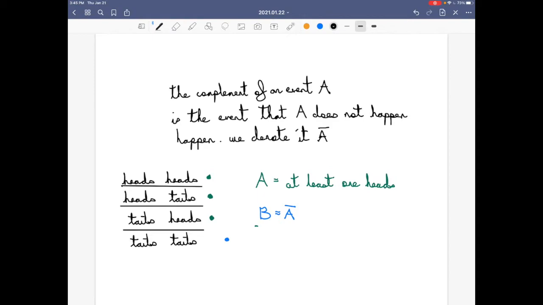What's the case where that doesn't happen? Well, the only way you can fail to see at least one heads is if you see two tails. And so we've marked that B is the complement of A. It's the event that none of the outcomes in A happen.